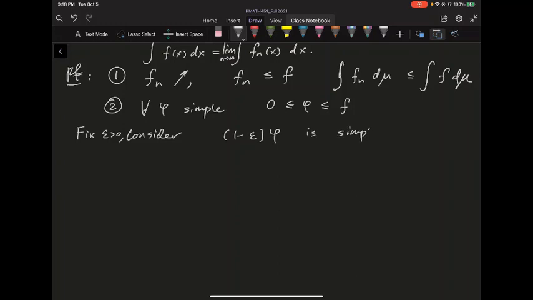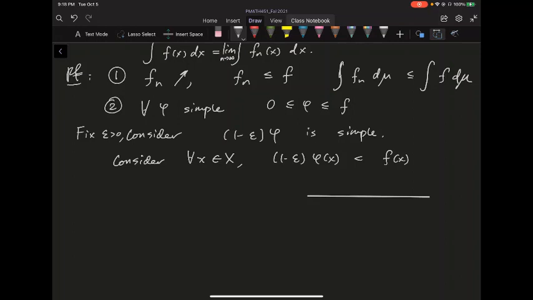But now there's going to be a gap between this simple function and f(x). What I mean by that is, if I consider any x in X and evaluate (1 minus epsilon) φ(x), this is strictly less than f(x). So there will be a gap.